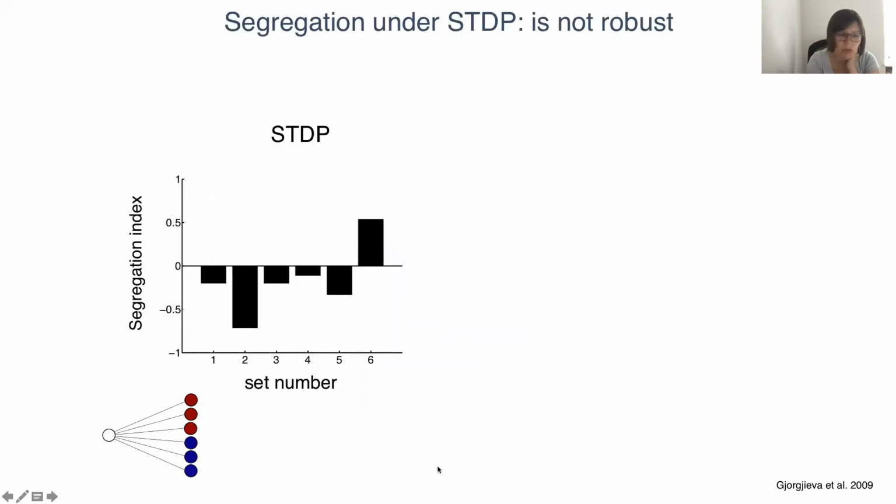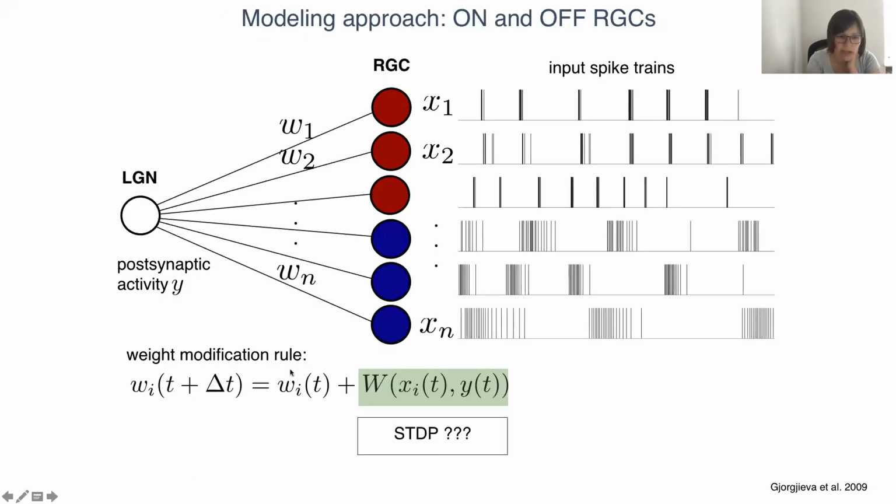And what I tried to quantify was how selective this postsynaptic neuron becomes to just the on or just the off inputs. Because we know that as the animal develops, the LGN neuron goes from being weakly connected to both types of neurons to being strongly connected to only one type of neuron, namely becoming only on versus only off.